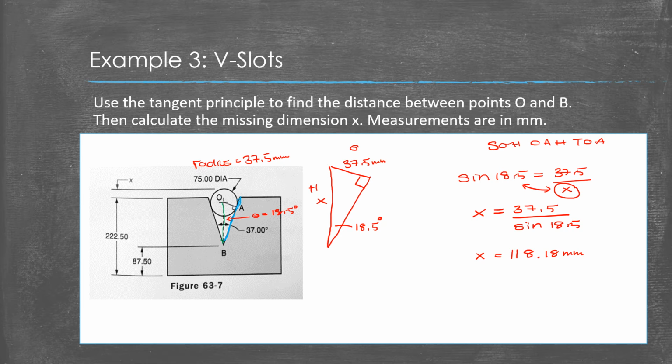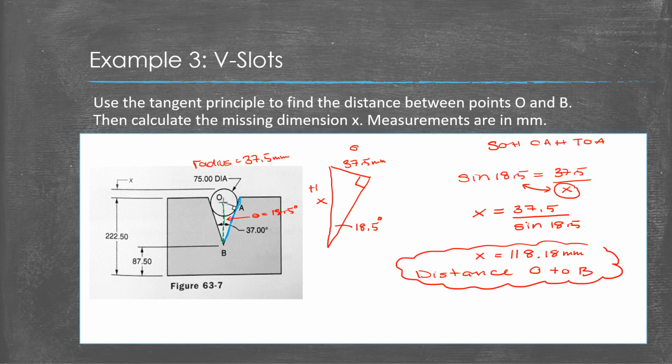So that's our distance O to B. So we just answered the first part. Okay, so it's not overly difficult, but just a lot of little pieces.